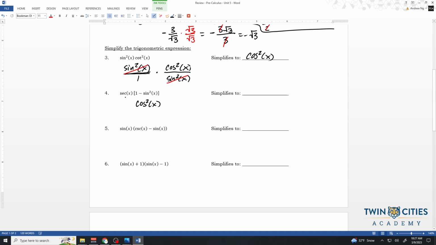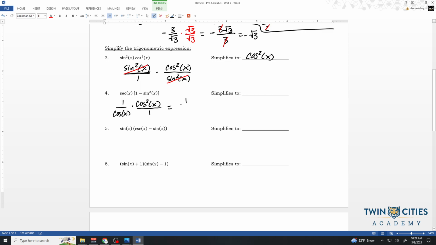All right, then the secant, if I look at my reciprocal identities, secant is the same as 1 over cosine. I could also think of this cosine squared as cosine times cosine.